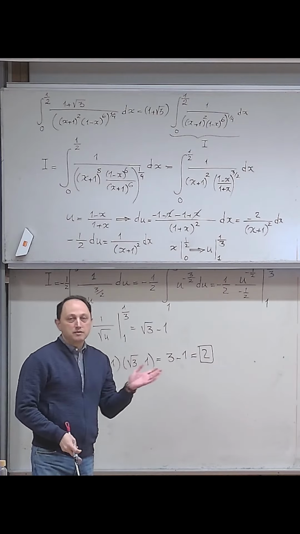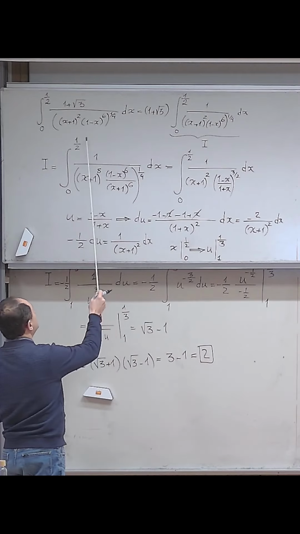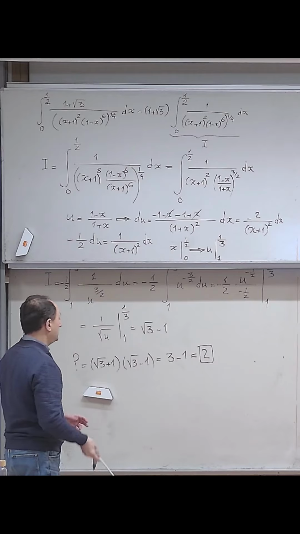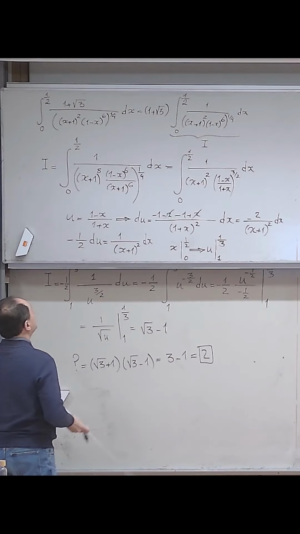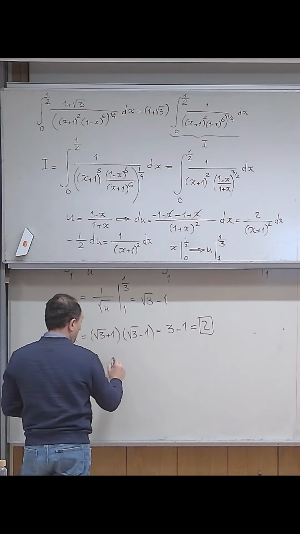This is a creative way of solving the problem, but you can also solve the problem in a little bit different way, in a very standard way. So what do I mean by that? Because if you simplify this integral from the beginning, what can you do?